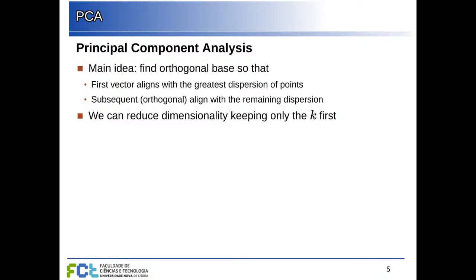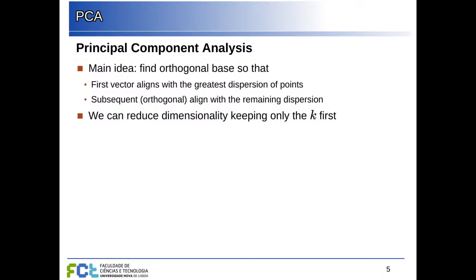So basically we're going to find an orthogonal base of coordinates, a set of vectors that are perpendicular to one another, such that the first vector is pointing in the direction where our data is most dispersed. The second vector is perpendicular to the first and pointing to the remaining direction where we have most of the remaining dispersion, and so on and so on.